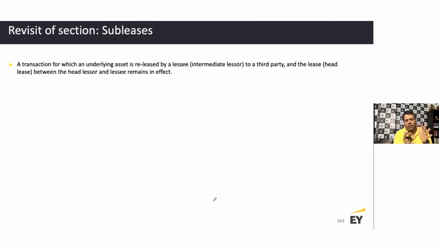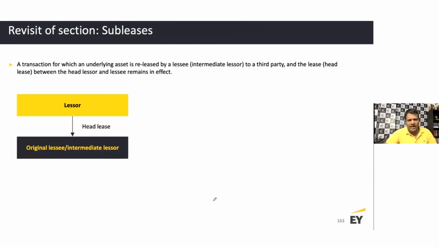The only accounting where I'm more focused is the intermediate lessor, and there I'm going to do accounting with reference to a finance lease or an operating lease, and this assessment I do with reference to the rights and obligations which are available with the intermediate lessor. So if I have a right-of-use asset for 5 years and I've given it for 4 years, that means a finance lease. If I have a right-of-use asset for 5 years and I've given it for 2 years, that means an operating lease. I'm not concerned with the original asset life. I'm concerned with my rights and obligations as part of the original lease agreement.